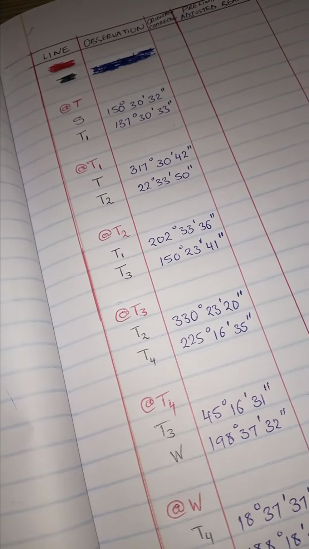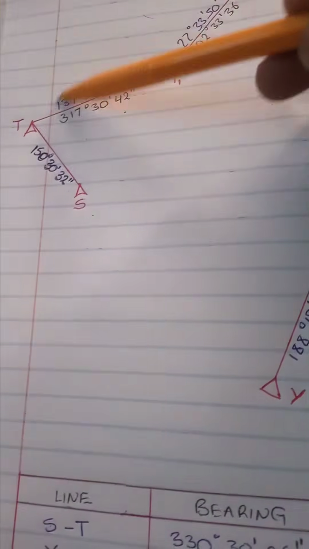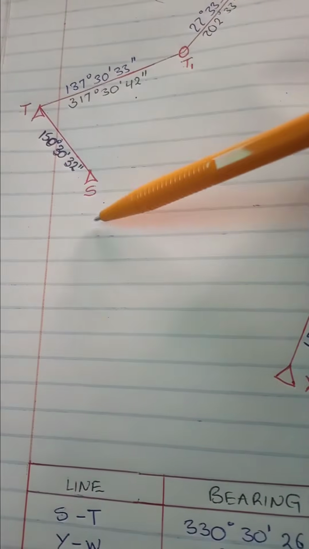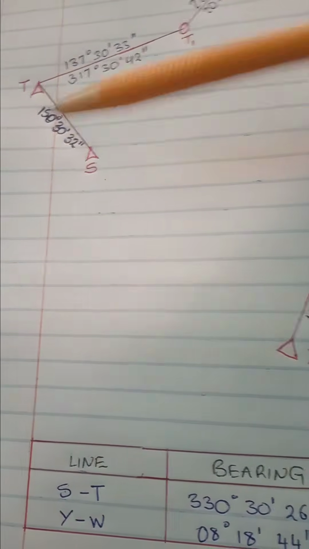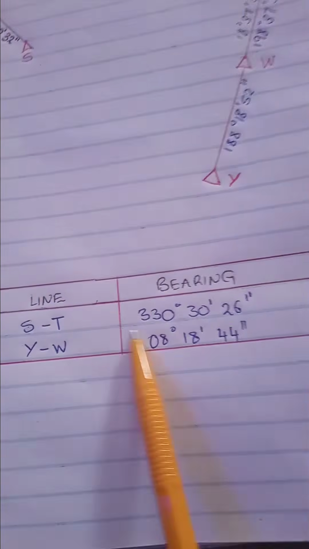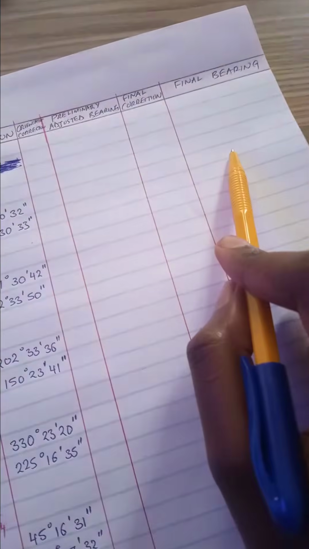From this table, I want to find my right fore bearing from T to S. This was the observed bearing, and from this table I will get my correct final bearing that I'm going to input on this final column.